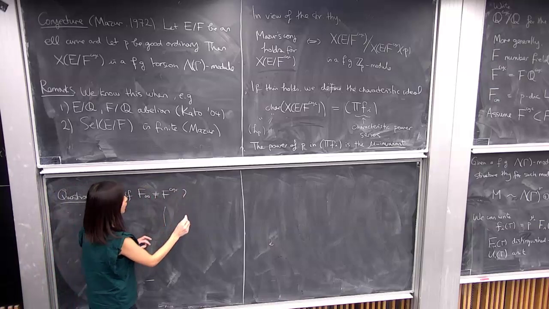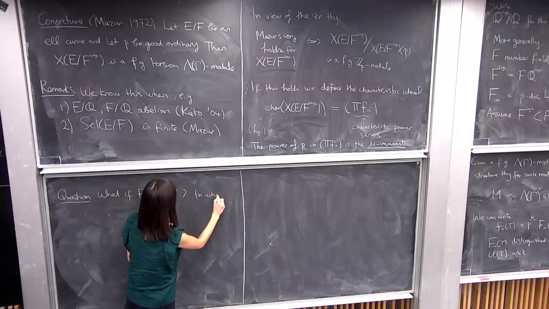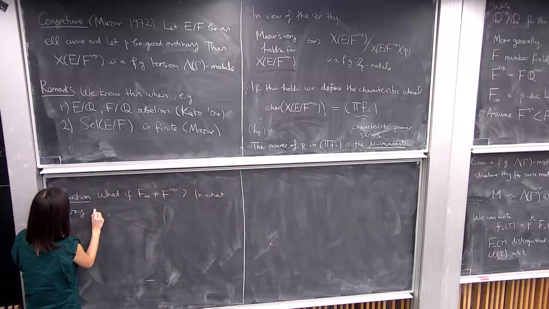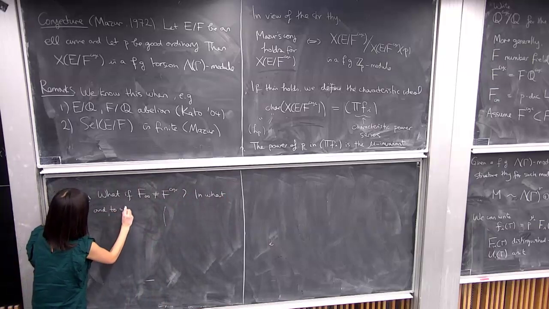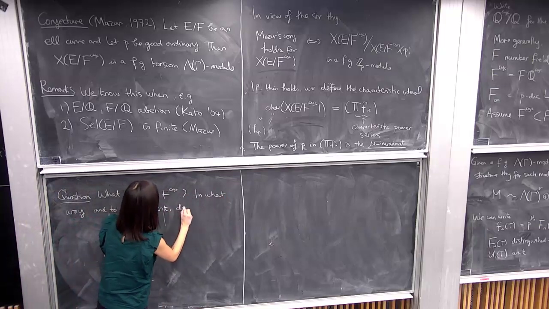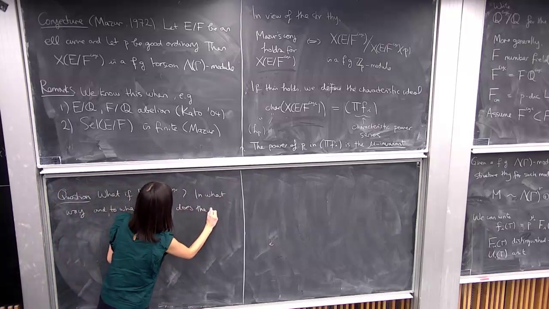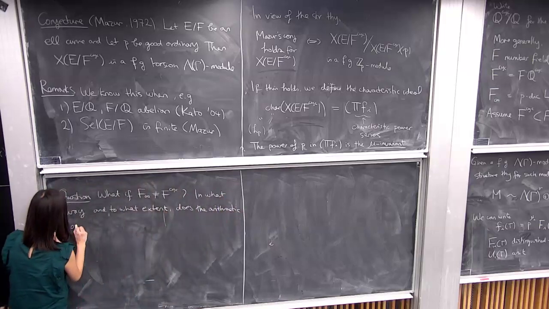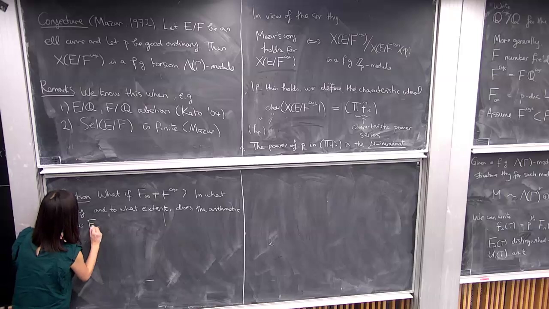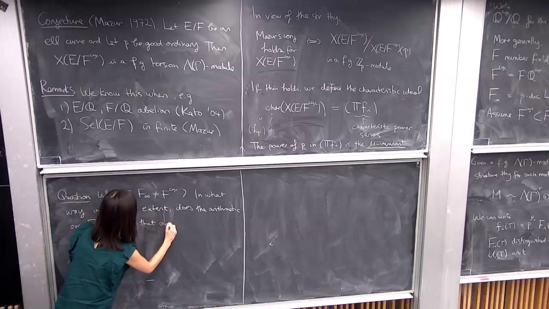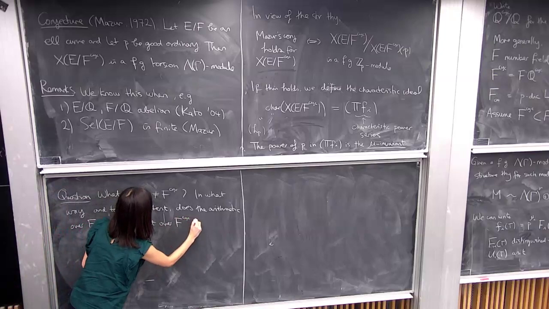In what way? To what extent does the arithmetic over F infinity relate to that over the cyclotomic extension?